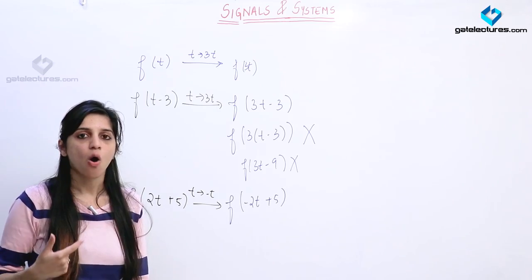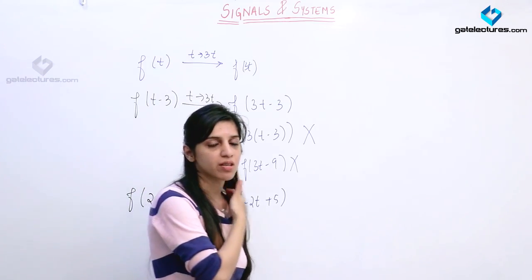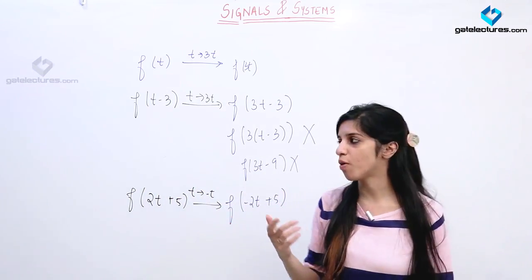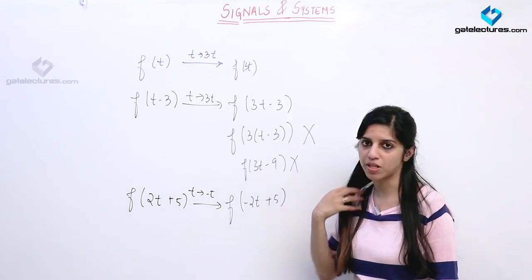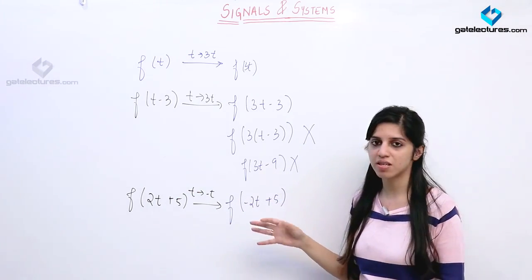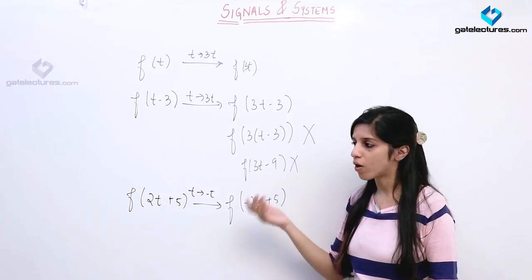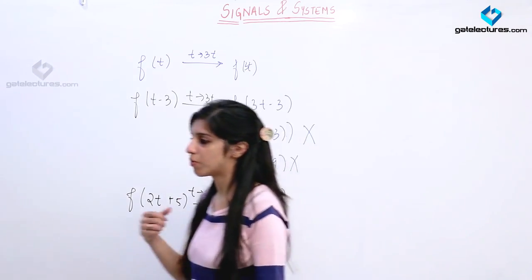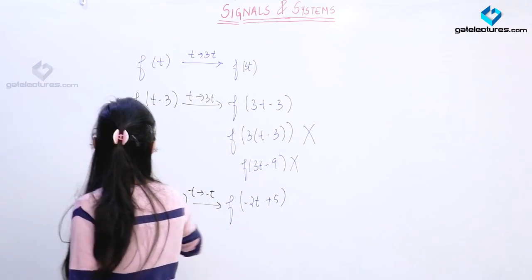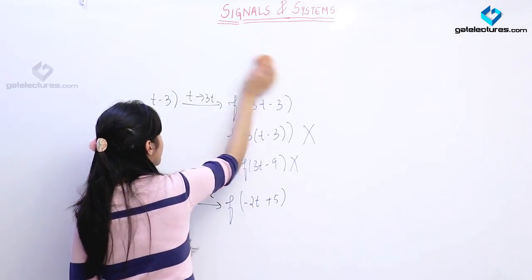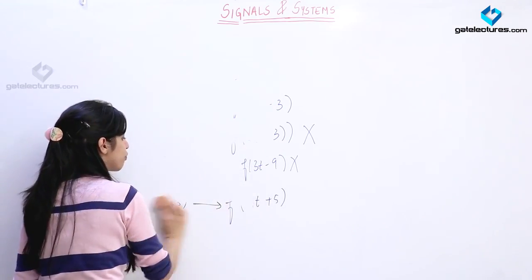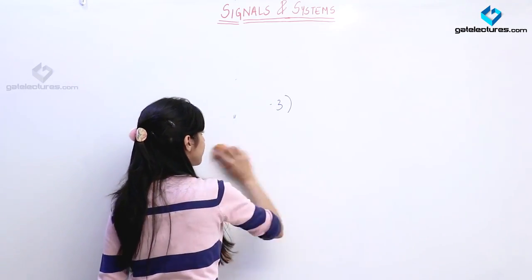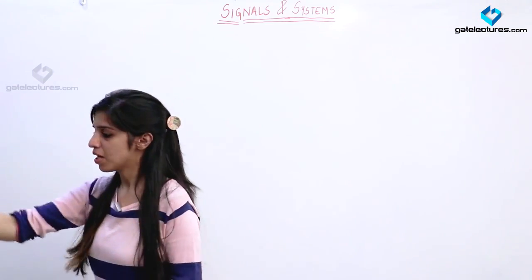This is why the order of performing the operations matters, if you are required to perform two or all three operations on a single signal. How is it going to make a difference? Suppose initially we have a signal f(t), and we are required to perform shifting as well as scaling in the same operation.